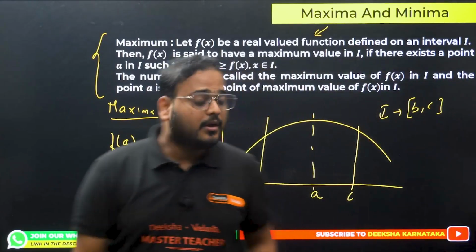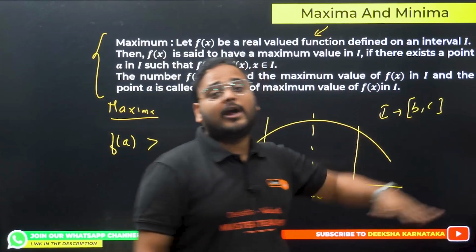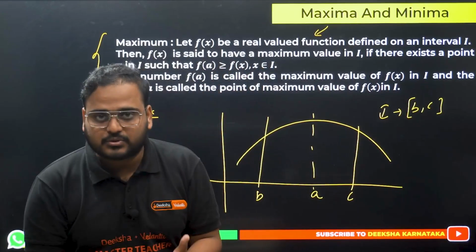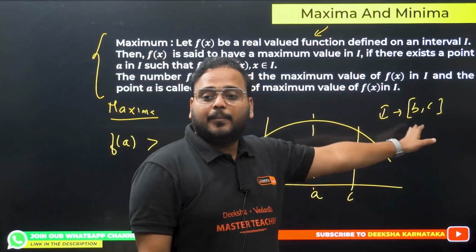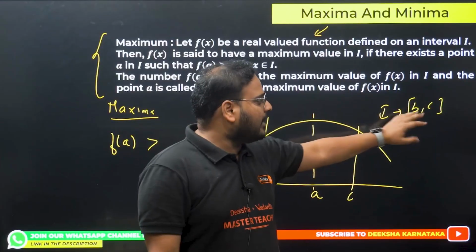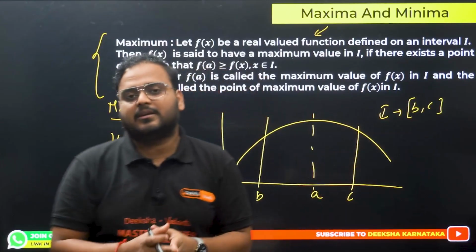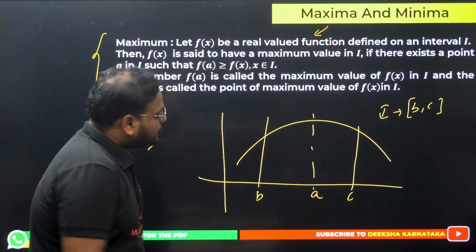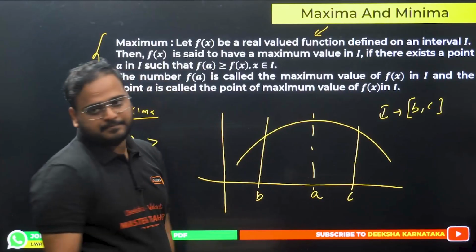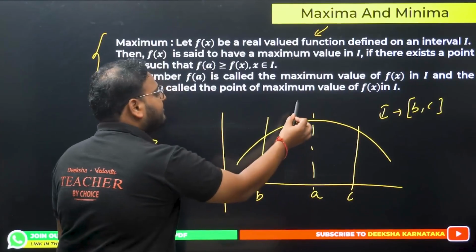There's a difference. If there is a closed interval, then the point of absolute maxima or absolute minima comes. If B and C are not closed, then the boundaries are not taken into consideration.